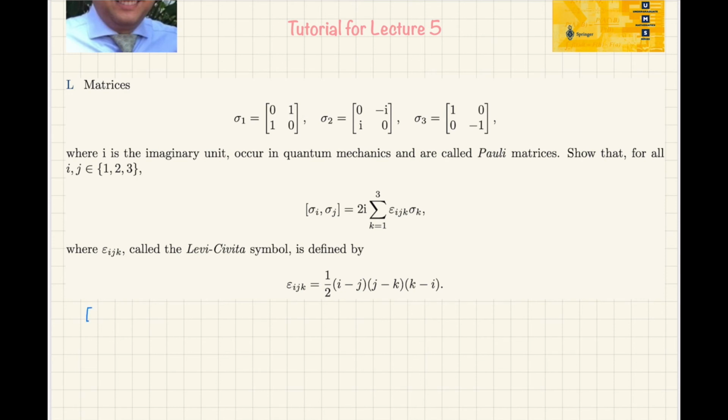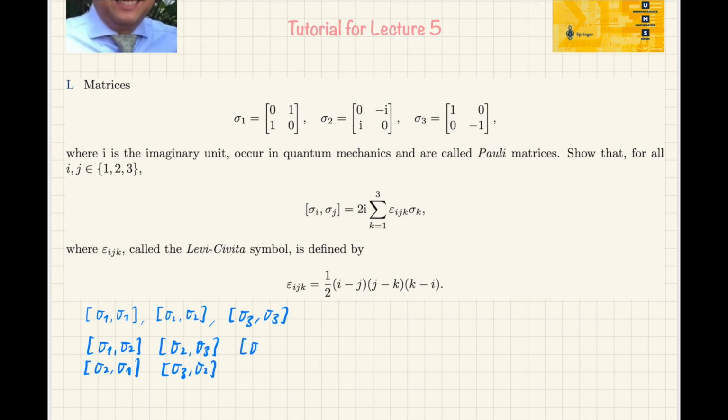So I can consider sigma 1 and sigma 1. I can consider sigma 2 and sigma 2, the commutator of sigma 3 and sigma 3. And then, of course, I have sigma 1 and sigma 2, and sigma 2 and sigma 1, the same as sigma 2, sigma 3, sigma 3, sigma 2, and then sigma 3, sigma 1, and sigma 1, sigma 3.